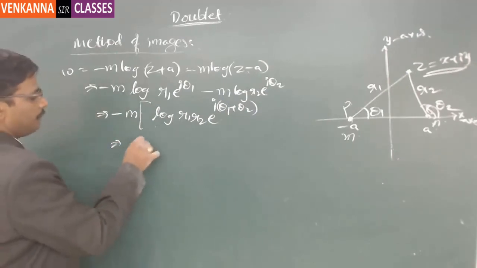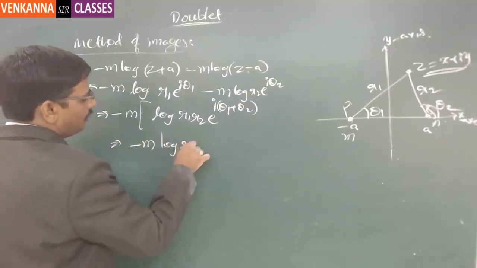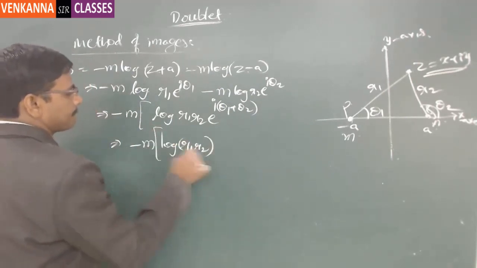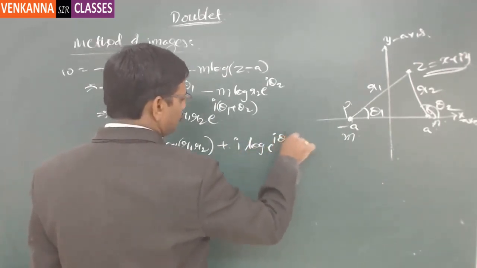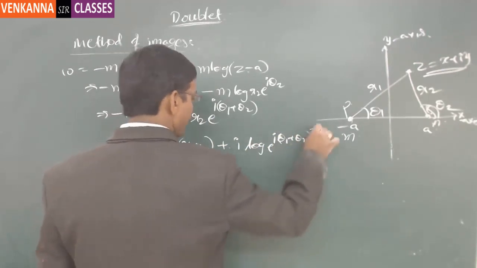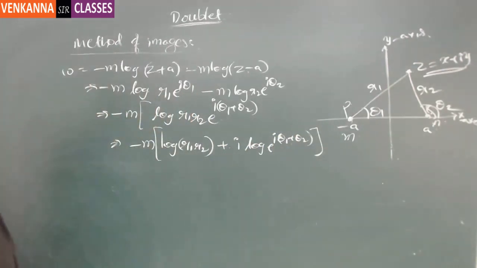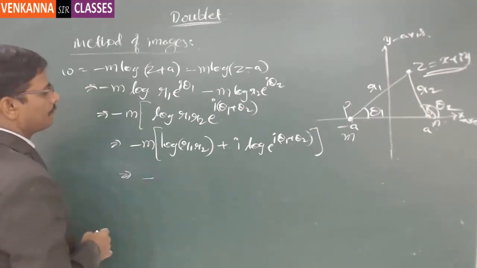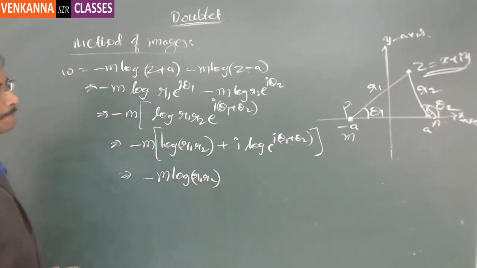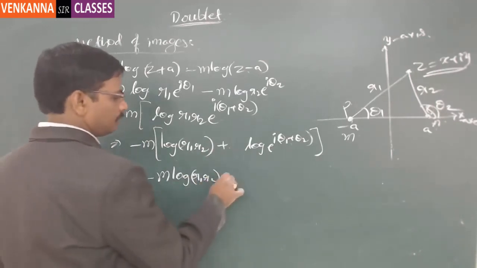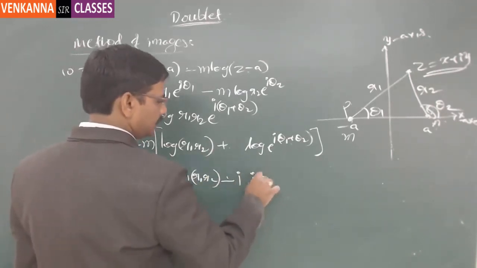So this is minus m log R1 R2 plus i times log of e power i (theta 1 plus theta 2), so minus m log R1 R2 minus m times i (theta 1 plus theta 2).